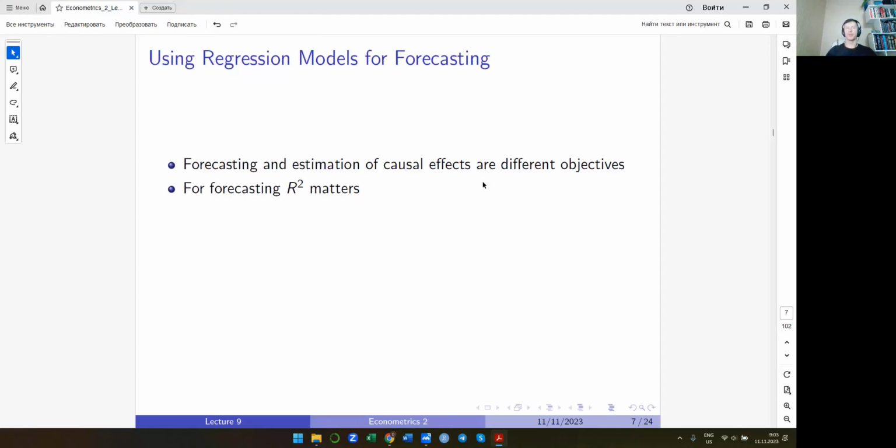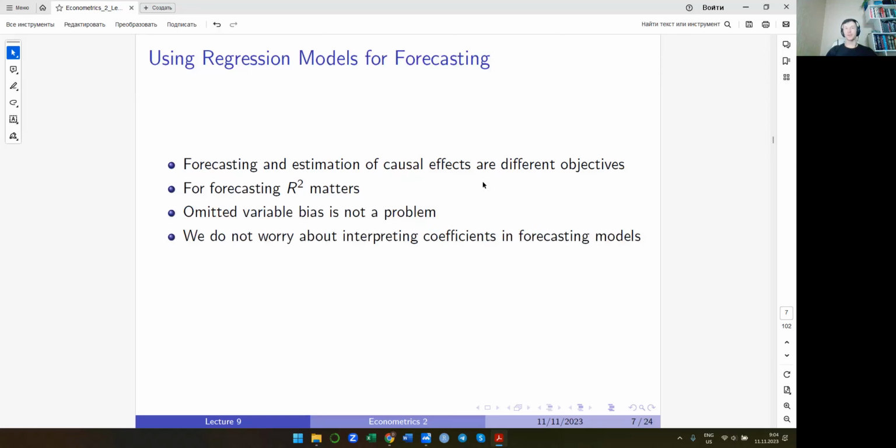Now, for forecasting, R squared matters. The larger the R squared, the better. Omitted variable bias is not a problem. We don't care about interpretation of the coefficients. So probably for some of you, this is good news.